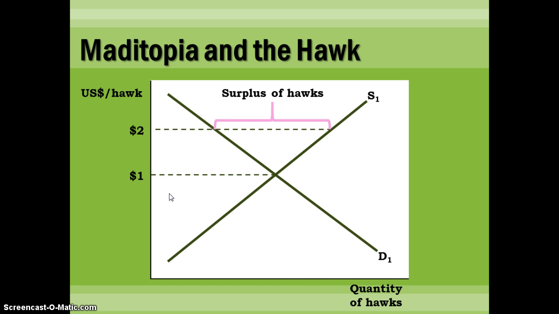So if there's a surplus of hawks in the exchange rate market right now, then Matatopia needs to follow some policy or policies that will eliminate that surplus and bring the market back into equilibrium at the price that they desire. There are several options that the government could pursue.